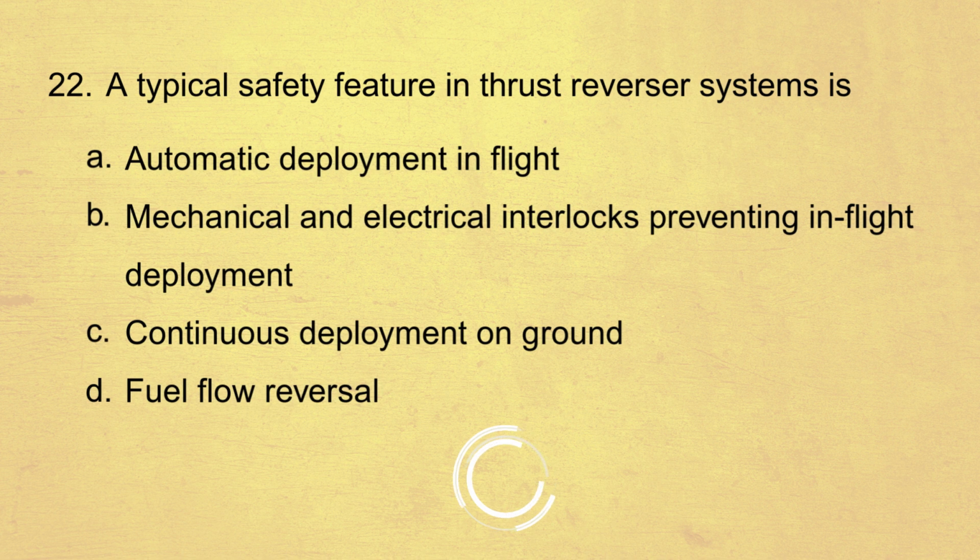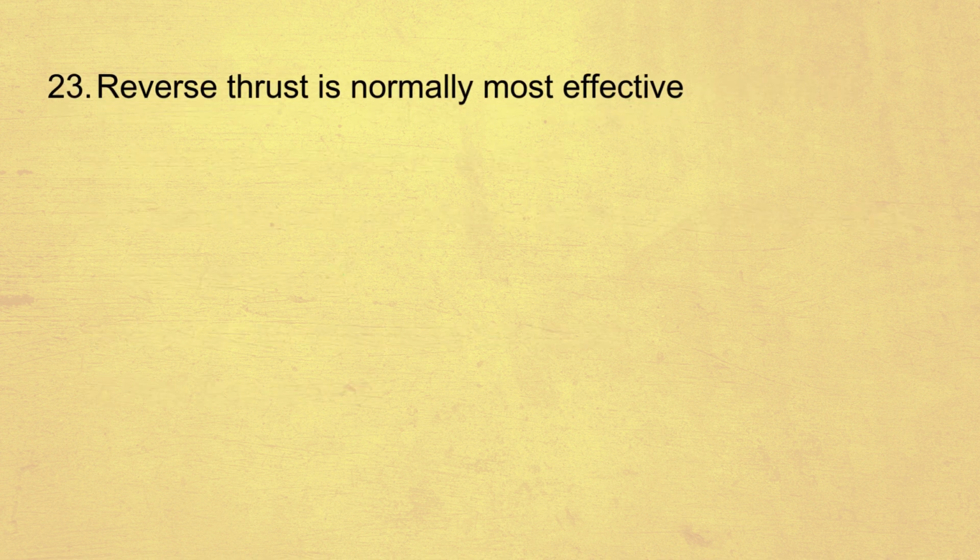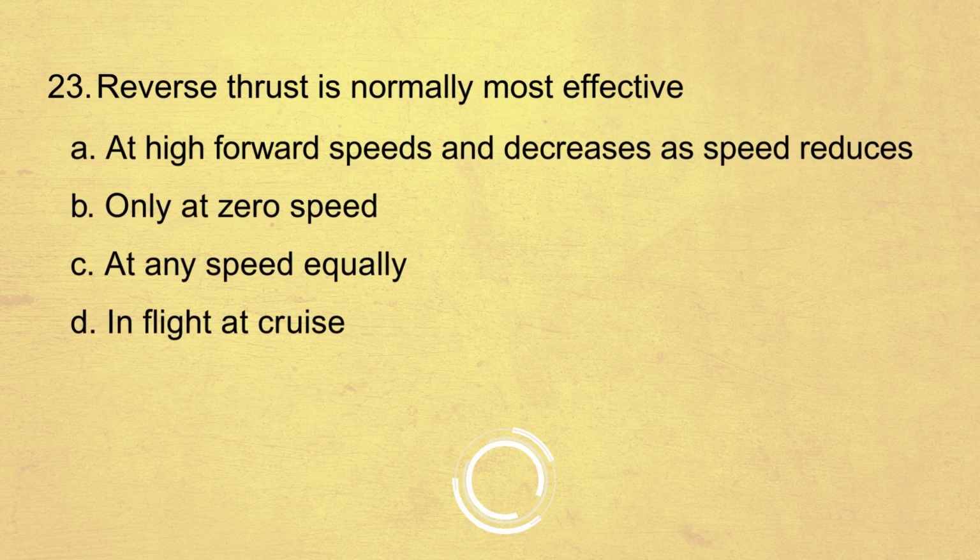A typical safety feature in thrust reverser systems is mechanical and electrical interlocks preventing in-flight deployment. Reverse thrust is normally most effective at high forward speeds and decreases as speed reduces.